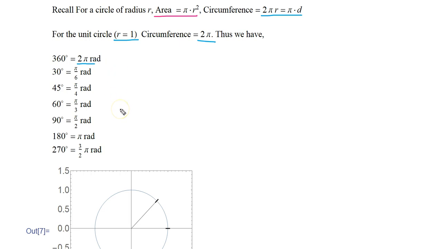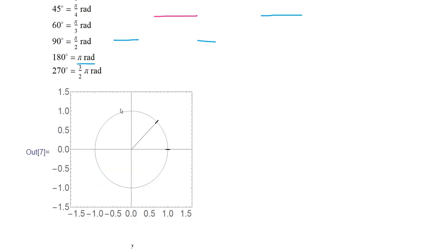And we have a graphic down here illustrating that. So right here we have the unit circle drawn. And so the distance around the outer edge of the unit circle, going all the way around like this, would be 2 pi. And so we see that that would correspond to a degree measure of 360 degrees.